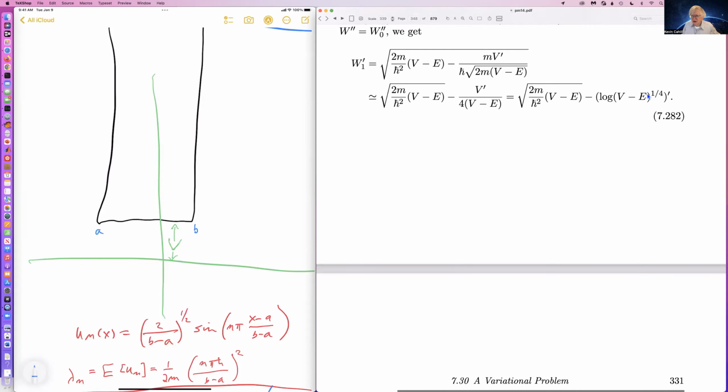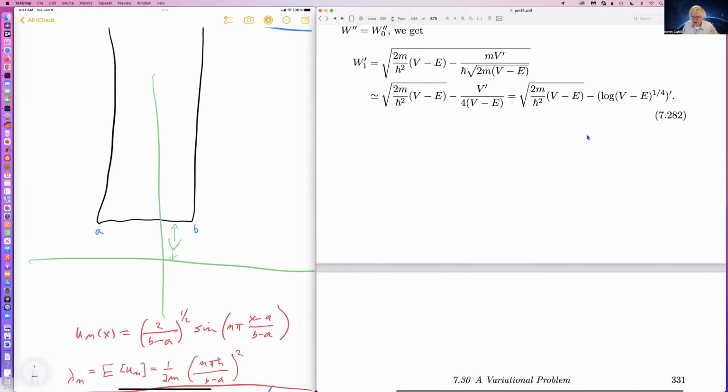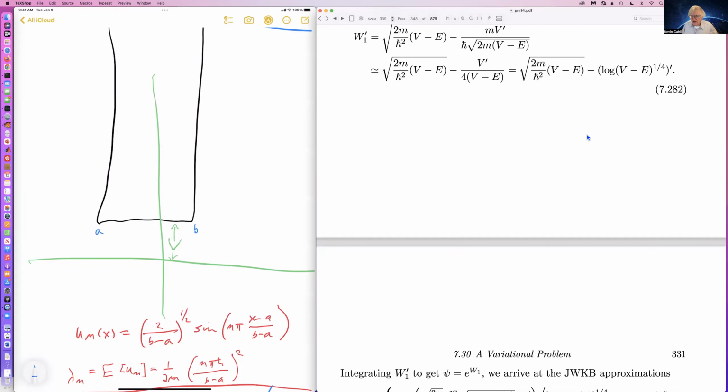And what I guess we need here is the log, whoops.